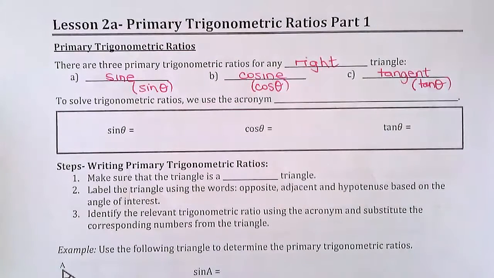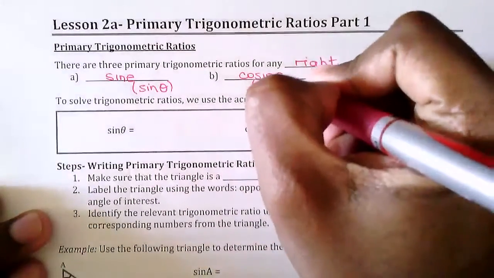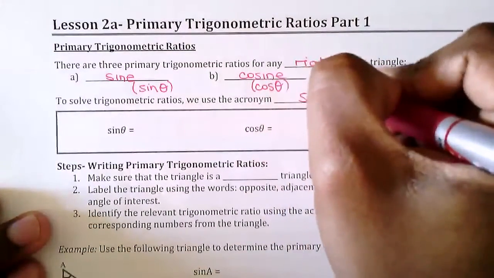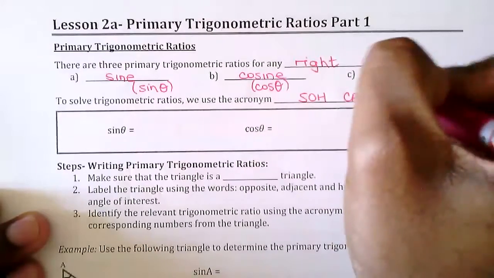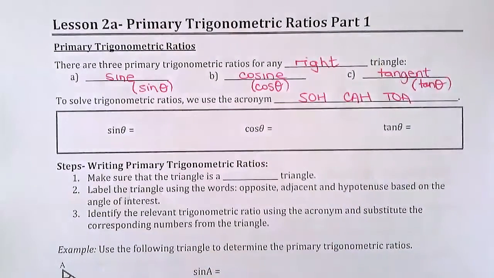So to solve trigonometric ratios then, we can use the acronym SOHCAHTOA. You should remember this from last year. So SOHCAHTOA essentially tells us which trig function, so sine, cosine, or tangent, we should use depending on the scenario that we have.